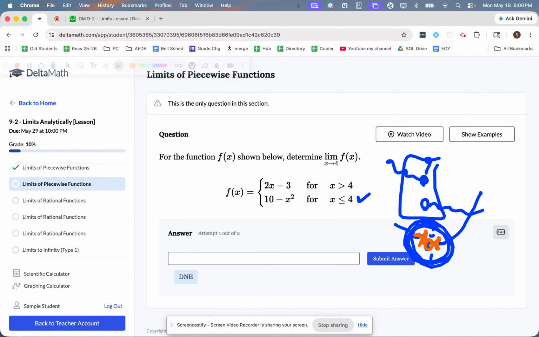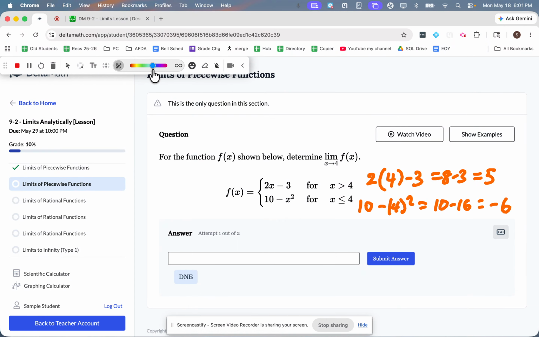It doesn't really matter, open circle or closed. If they're headed toward the same value, the limit exists. If they're headed towards split values, a y that's bigger here and lower than that here, then the limit does not exist. All you have to do to find out is plug in the x of 4 here and here, and see if they're the same number.